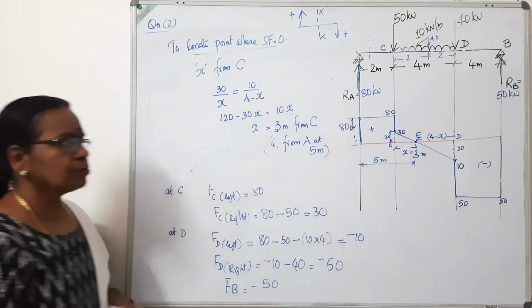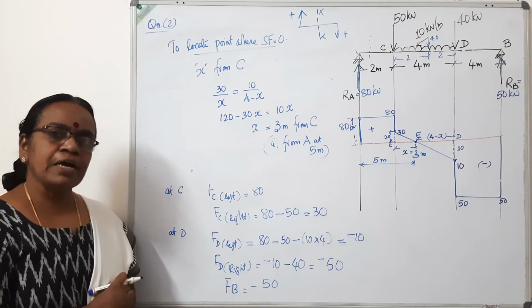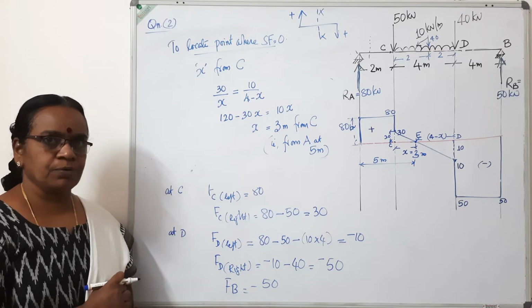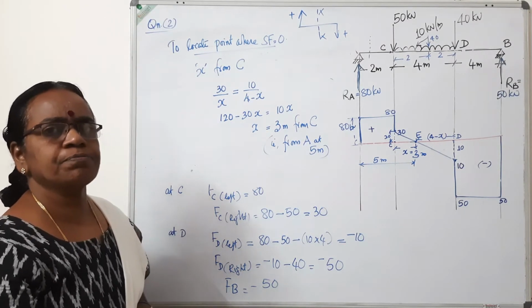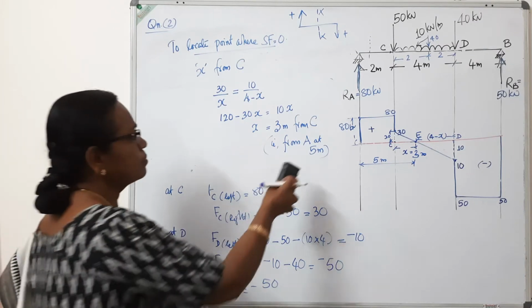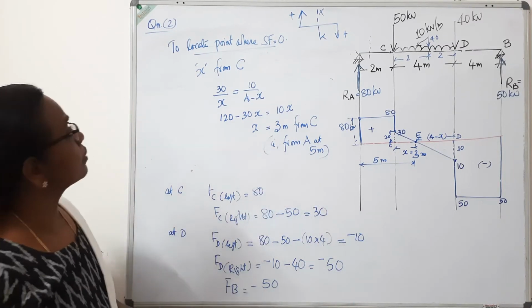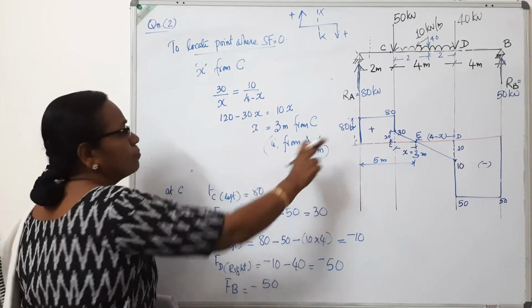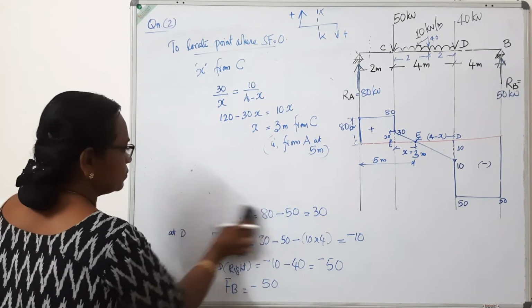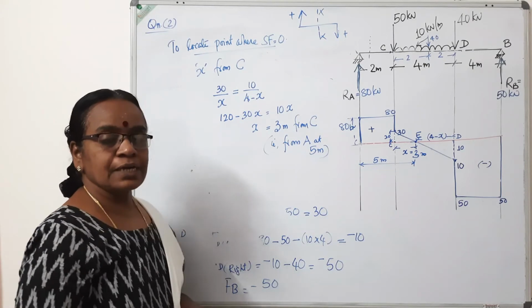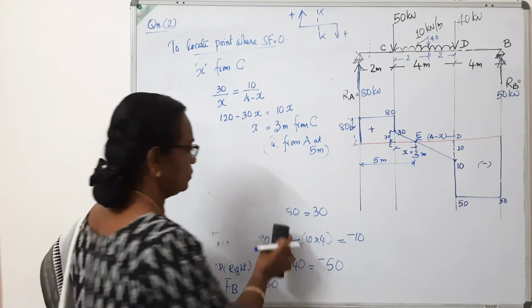So the point of zero shear force is at 5 meters from the left support. This will be useful in the next step of bending moment calculation. So this is the point where the shear force is 0. From similar triangles we have done it. Now we will be doing the calculations for bending moment.